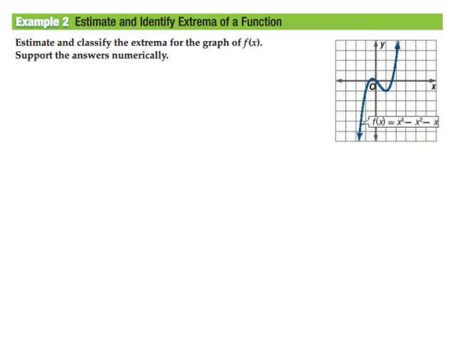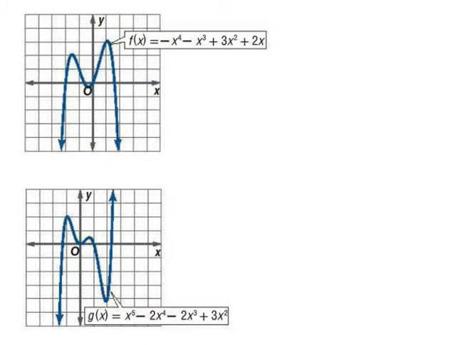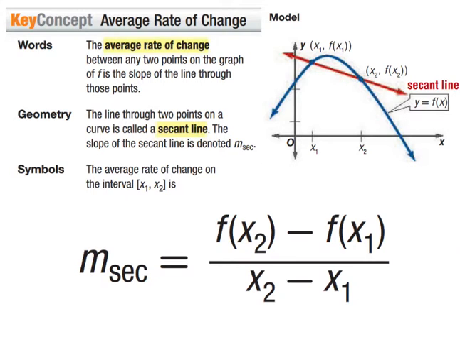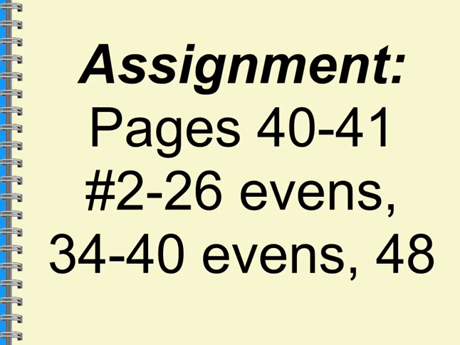Okay. I think that's probably my last example. Tomorrow we're going to talk about extrema. Extrema are basically high points and low points, and we're going to evaluate the graph for high points and low points. If you want to get started on your assignment, this is what you can do. Then we'll talk about the average rate of change.